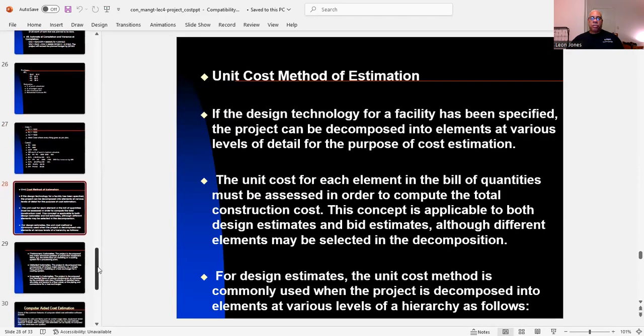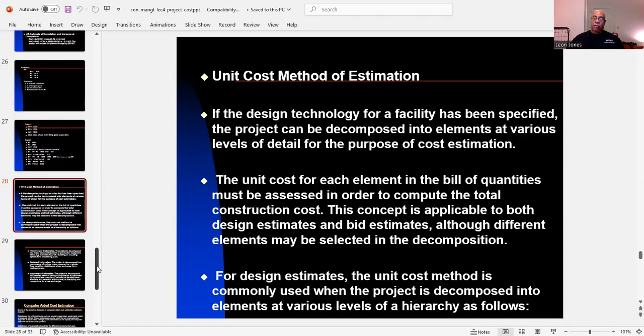Unit cost method of estimation. Now, this is one that's very, very common. Now, if the design technology for a facility has been specified, the project can be decomposed into elements of various levels of detail for the purpose of cost estimation. Now, the unit cost for each element in the bill of quantities must be assessed in order to compute the total construction cost.